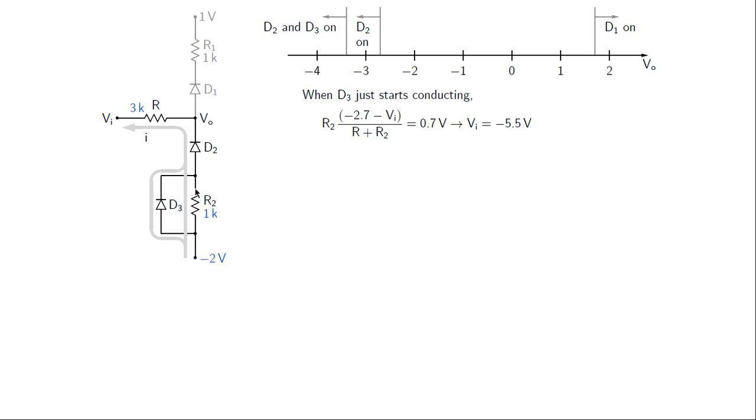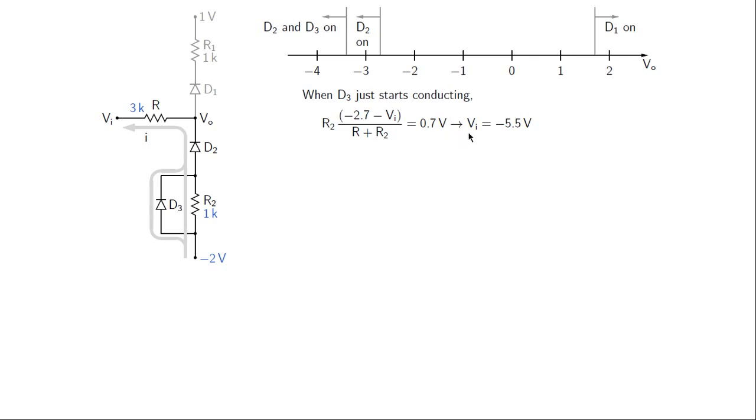And in that case the current is like that, and we can use the expression that we derived for this current in the last slide, and that is given over here. So we have R2 times I equal to 0.7 volts, and we can solve this equation for VI. VI turns out to be minus 5.5 volts.